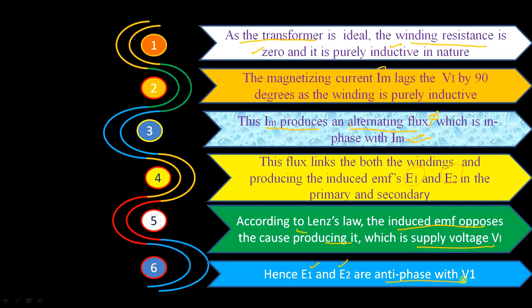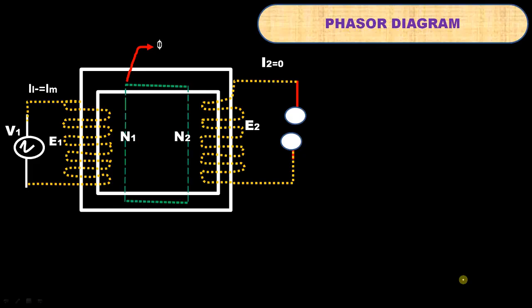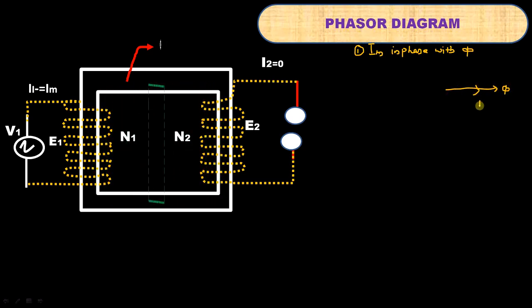Based on these points, I am going to draw the phasor diagram. The first point: Im is in phase with phi. Therefore, it will come like this. This is phi and this is Im, both in phase.